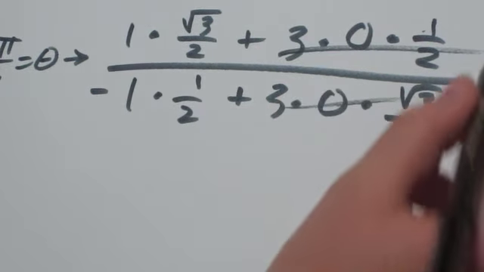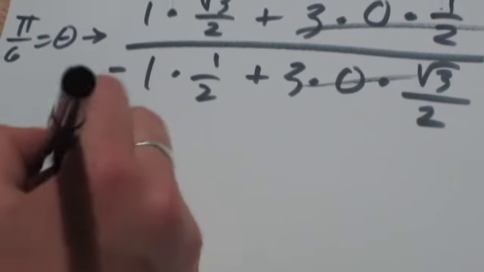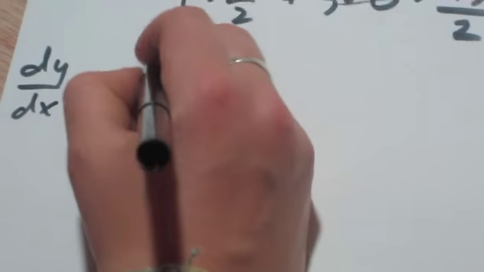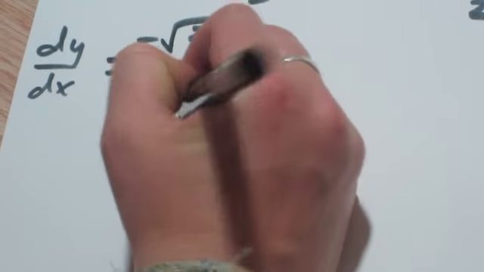And so those cancel out. And dy over dx equals negative square root of 3 over 4.